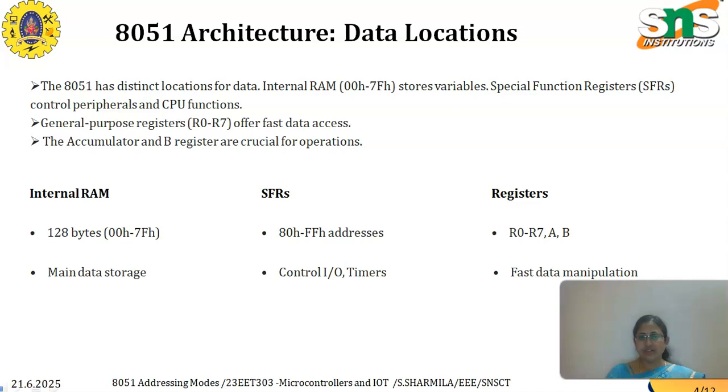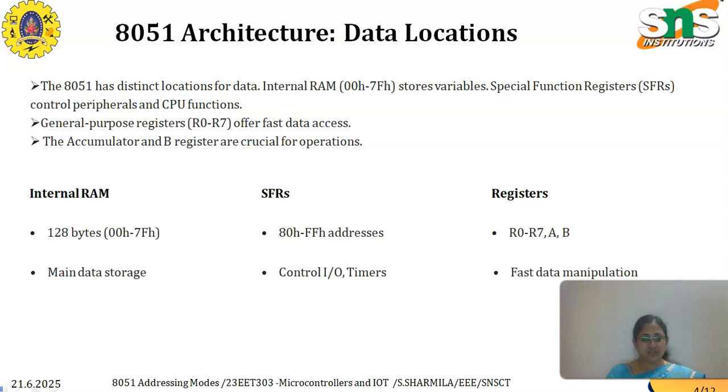In the 8051 architecture, the data locations are internal RAM memory, SFRs and registers. The general purpose registers R0 to R7 give fast data access, and the accumulator and B registers are crucial for operations. The internal RAM has 128 bytes and is mainly used for main data storage.